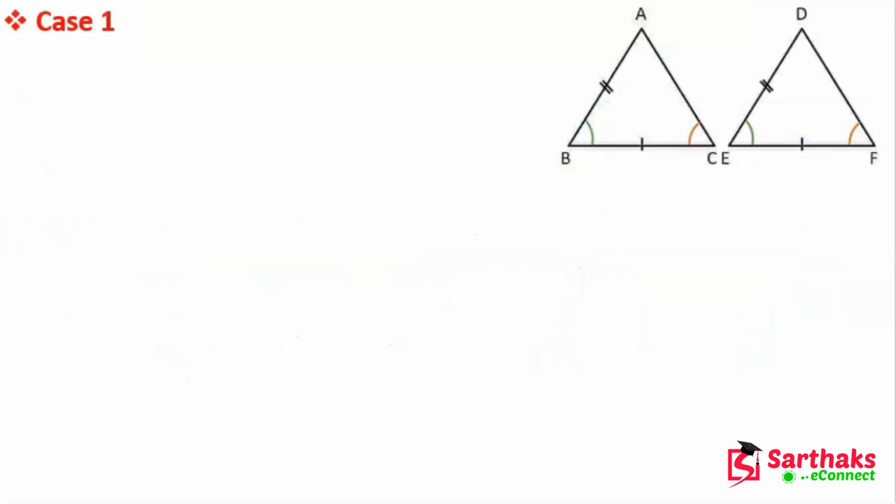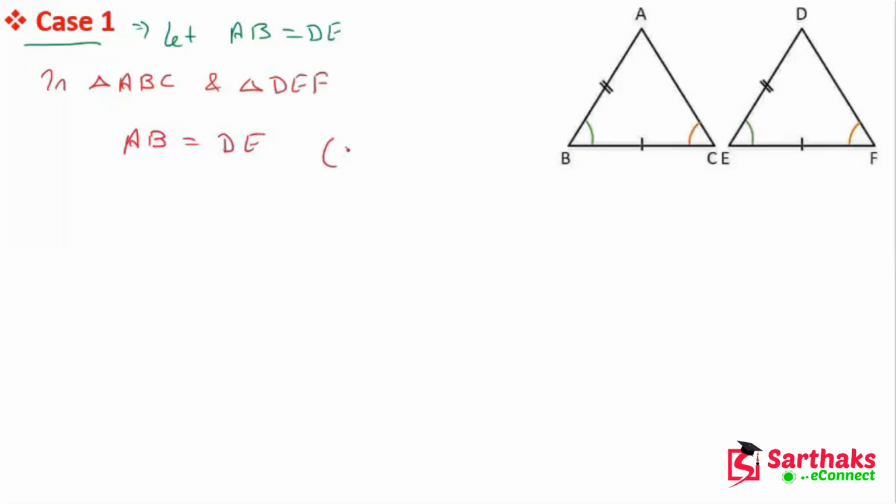Now in case 1, we are assuming that AB is equal to DE. So in triangle ABC and triangle DEF, AB is equal to DE, which is assumed, and angle B is equal to angle E, which is given.